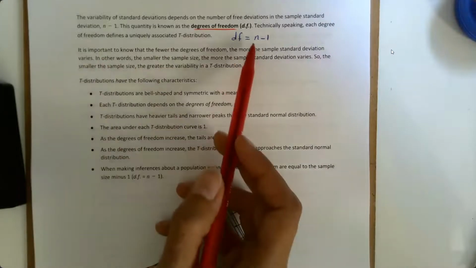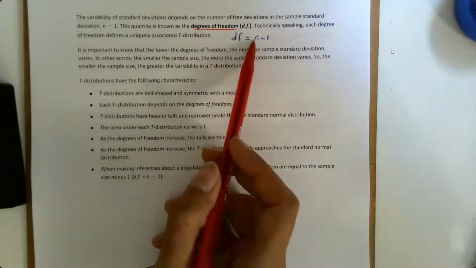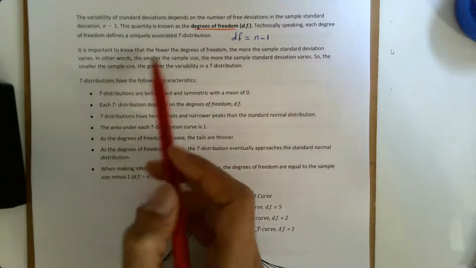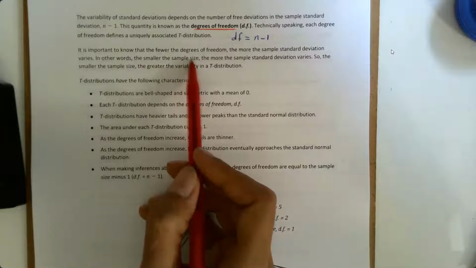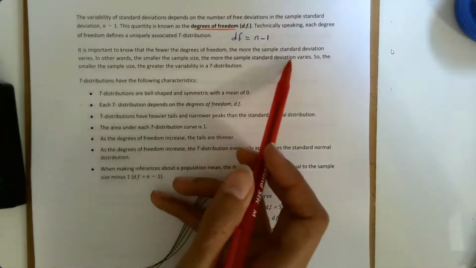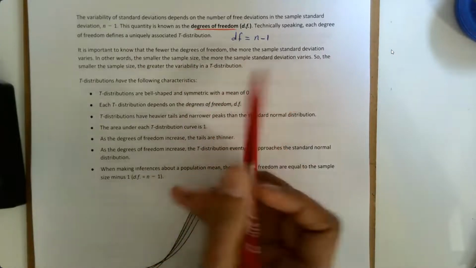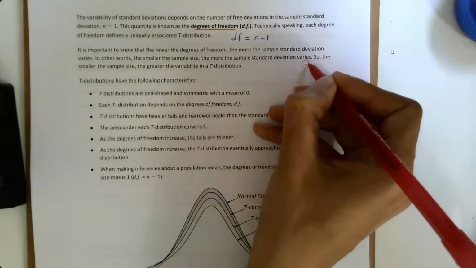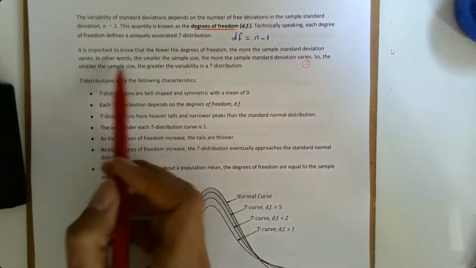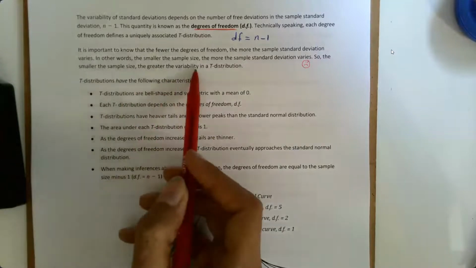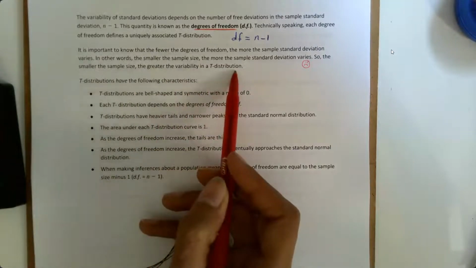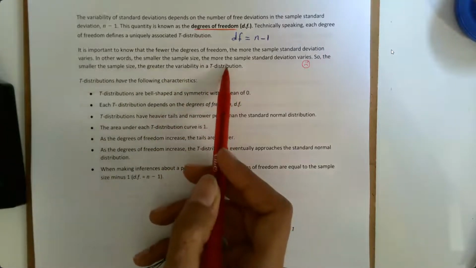So we would like to have n large enough. In other words, the smaller the sample size, the more the sample standard deviation varies, which we don't like. So the smaller the sample size, the greater the variability in t-distribution, which is not good.